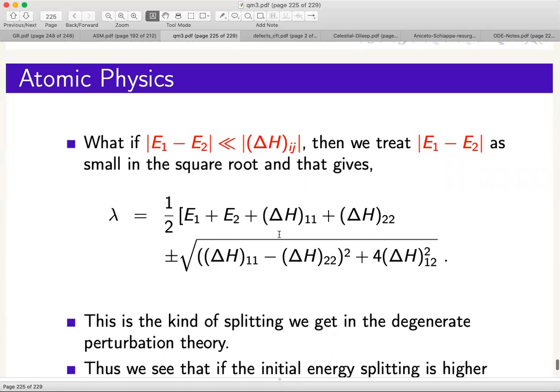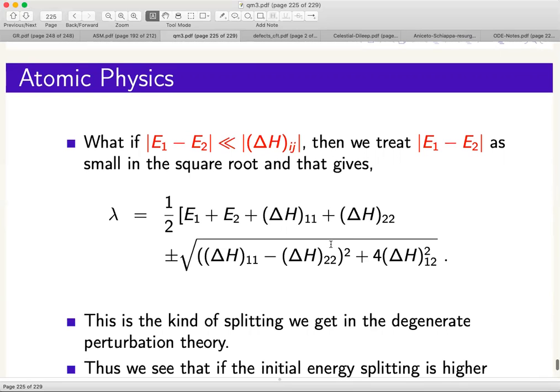If you write down this expression in this form, then you clearly see that not just the diagonal matrix element, but even the off-diagonal matrix element is important, and you need to take that into account. This kind of diagonalization problem is exactly like diagonalizing a 2 by 2 matrix, and therefore this is like a problem involving degenerate perturbation theory.